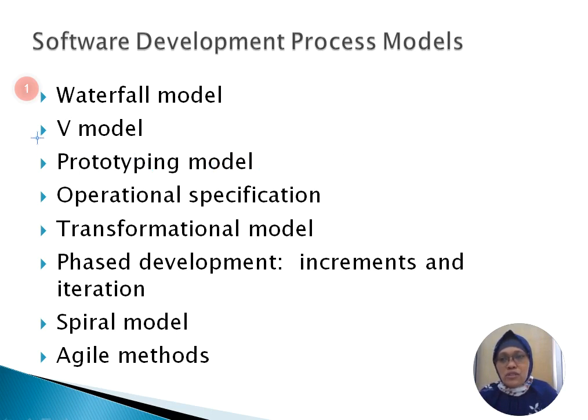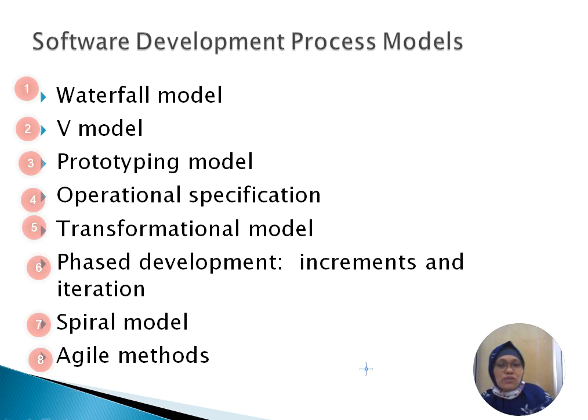We will also know about the V model, prototyping model, operational specification, transformational model, phased development or incremental, which could be an increment or iteration model, spiral model, and the last one is the agile method.